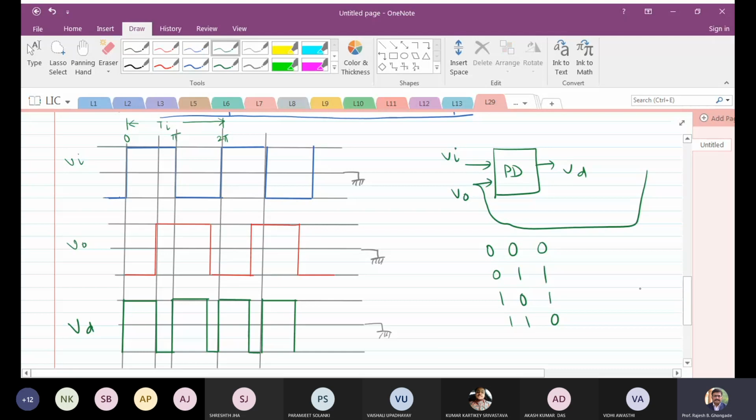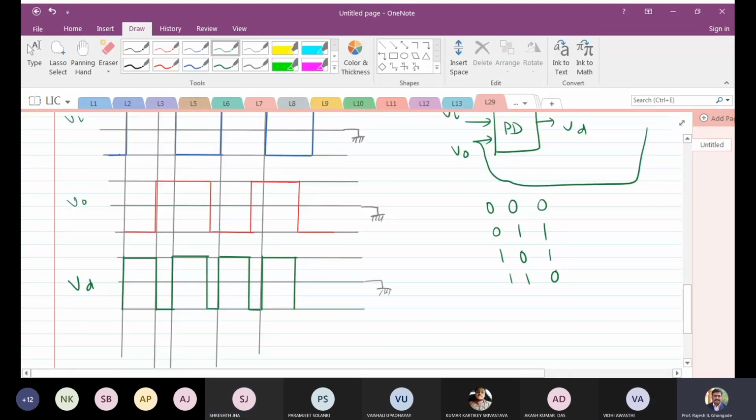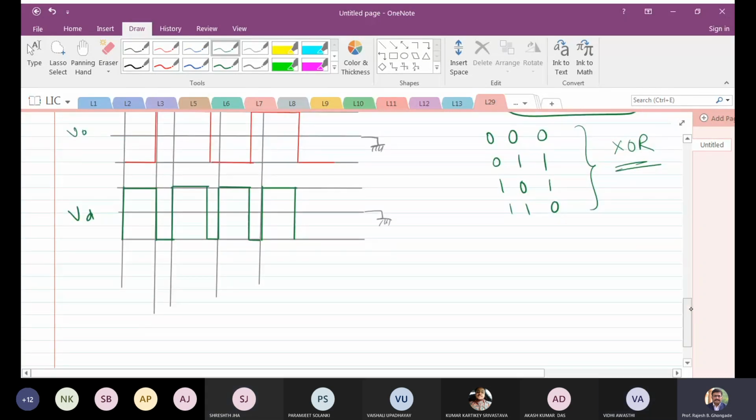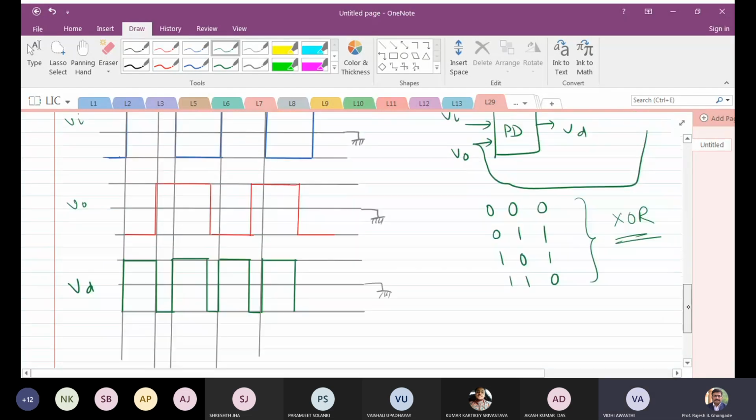Is it following this pattern? Yes, sir. What is this gate? This is the XOR gate. XOR is nothing but it will act as a very good phase detector. Agreed? Yes, sir.